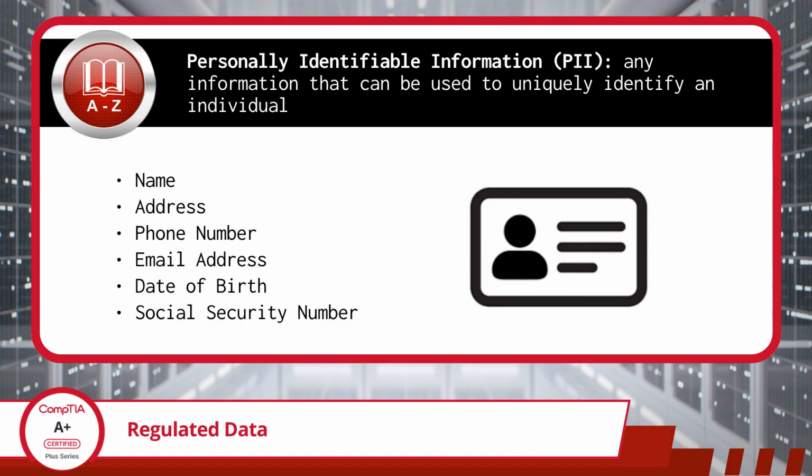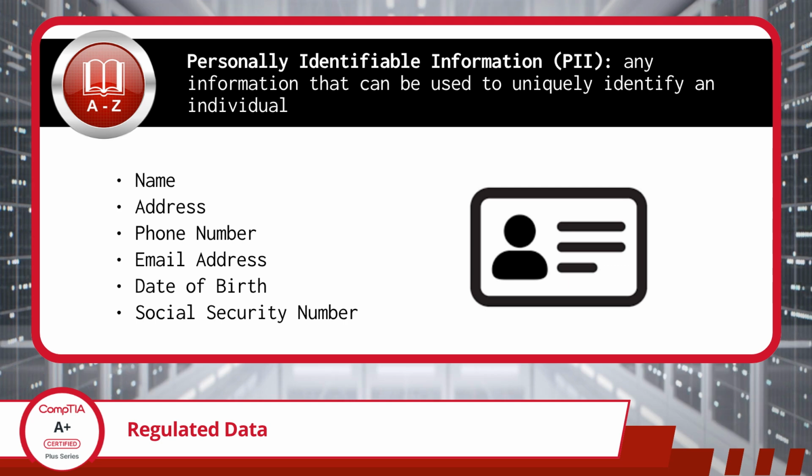Now, let's explore personally identifiable information, or PII. This refers to any information that can be used to uniquely identify an individual. Examples of PII include names, addresses, phone numbers, email addresses, or dates of birth. Additionally, the forms of personal, government-issued information we just discussed would also be included in this category.